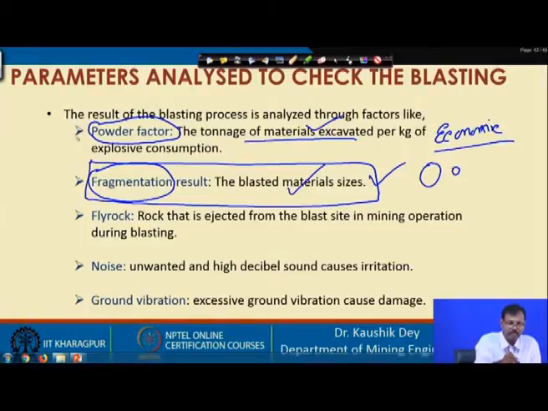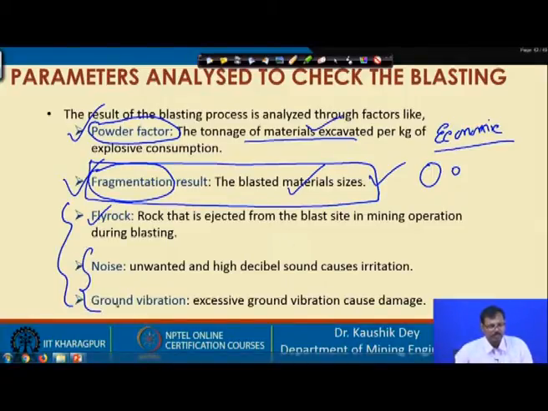So, basically this is the economic term, the desired result which we want, and these are the other terms. This is the safety one, and these are the environmental considerations. Fly rock is the rock which is ejected from the blast site unwantedly, unwillingly.